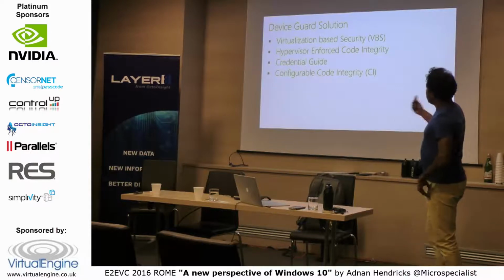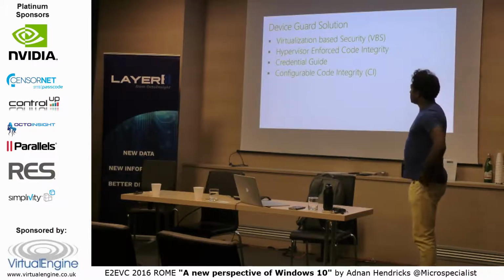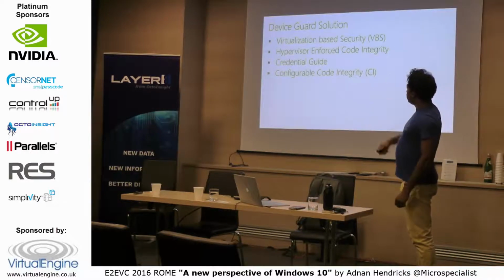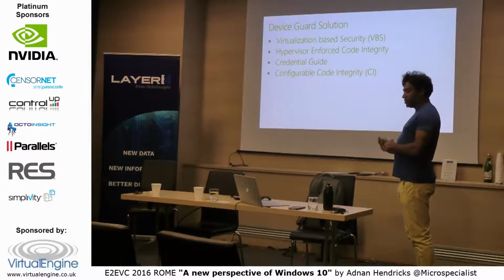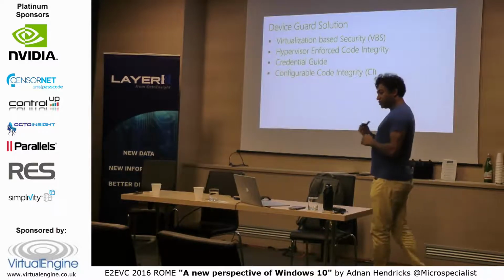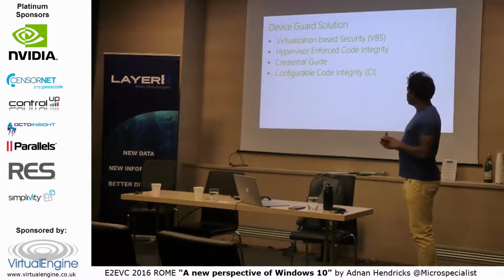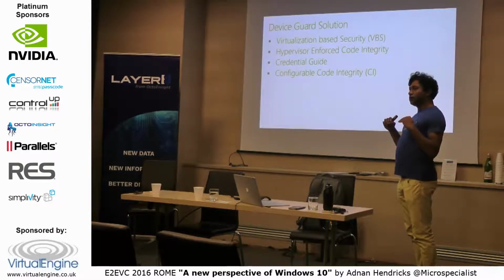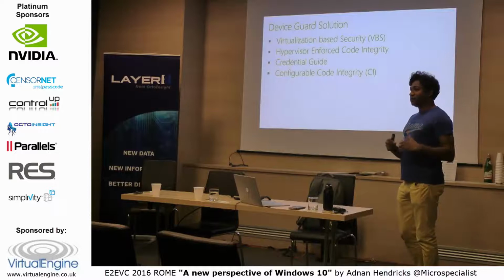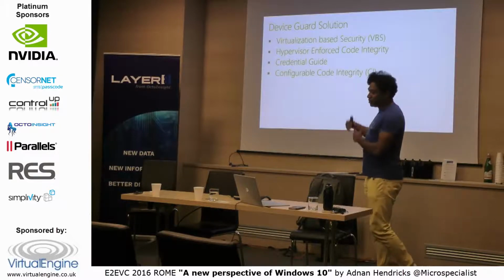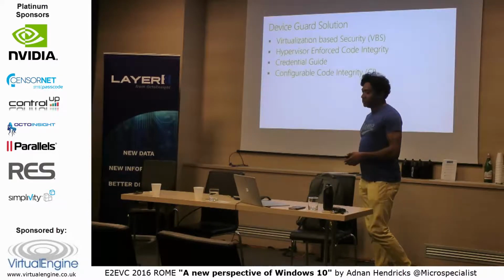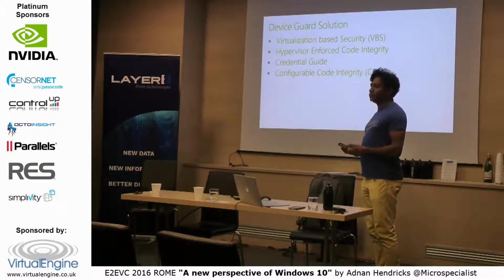So it requires VBS, a hypervisor, and you have Credential Guard which you can configure, and there's an extra portion which is code integrity. That's where you have code signing. So that's an extra step where you need extra stuff to enable that.